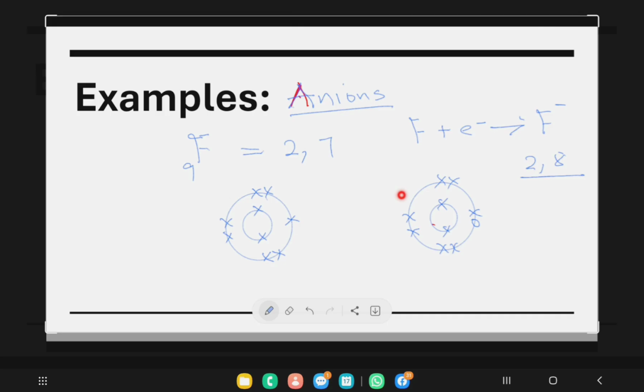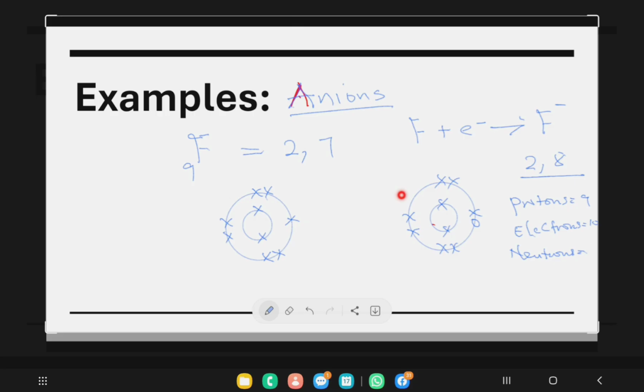Now, let's look here. The number of protons is still 9. Electrons equal 10, because it gained 1 electron to the 9. Then neutrons equal the mass number minus the atomic number.